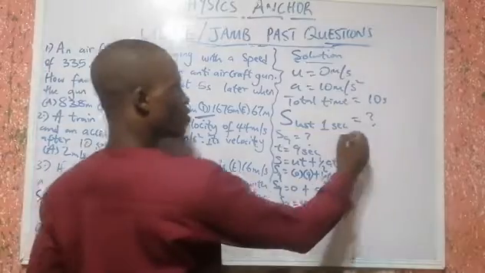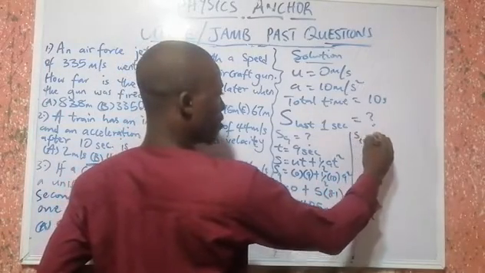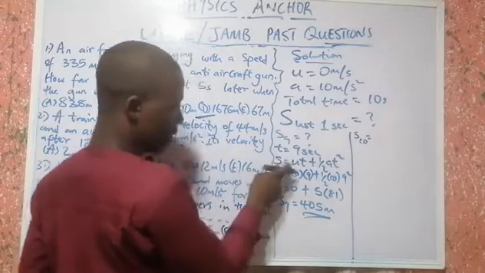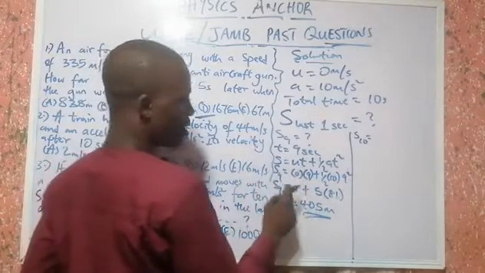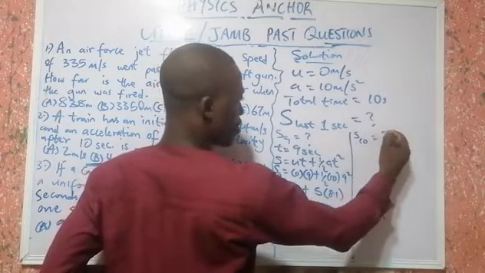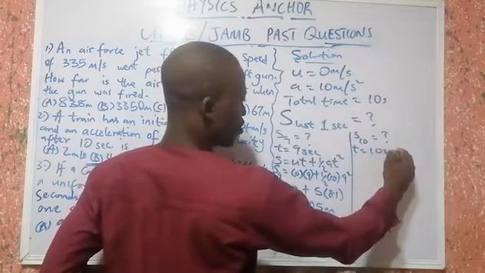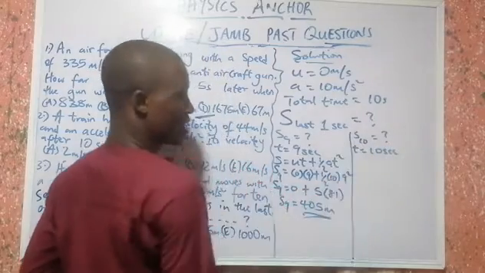The next thing is for us to calculate our S10, for which we are going to apply the same formula. So we are calculating our S10, and our T will now be 10 seconds, because the time now is 10.